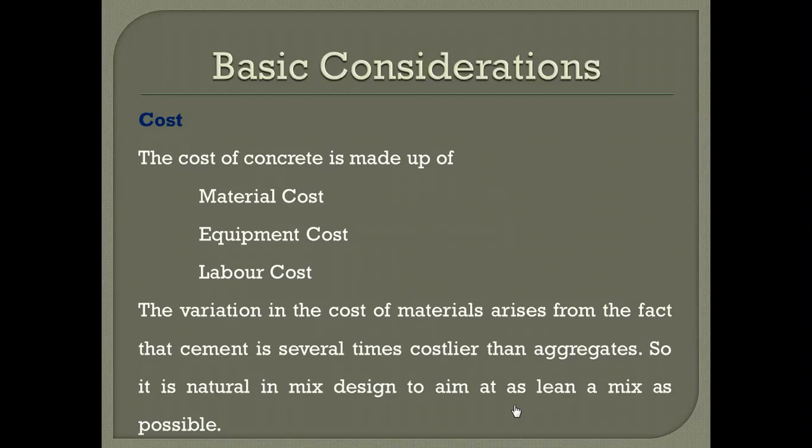So what we have to do is to keep the concrete as economical as possible, we have to use minimum cement content and admixtures, and make sure that the obtained cost is economical. If we use minimum cement content and admixtures, obviously the obtained mix will be a lean mix. Okay.